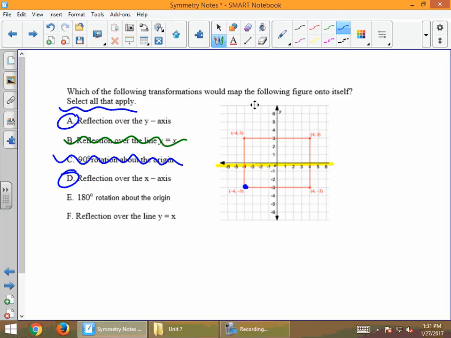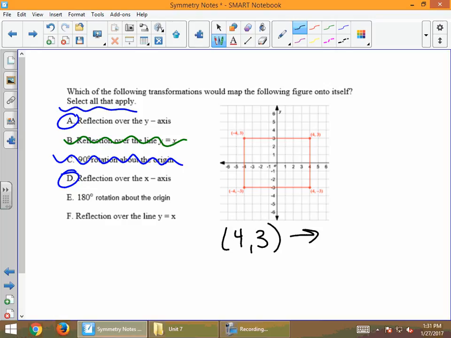Okay, let's try E. We're going to rotate this 180 degrees about the origin. So again, pick any point. What point do you want to use? 4, 3? Okay. So we rotate this 180 degrees. Do we flip the numbers at all? No. Stays the same.